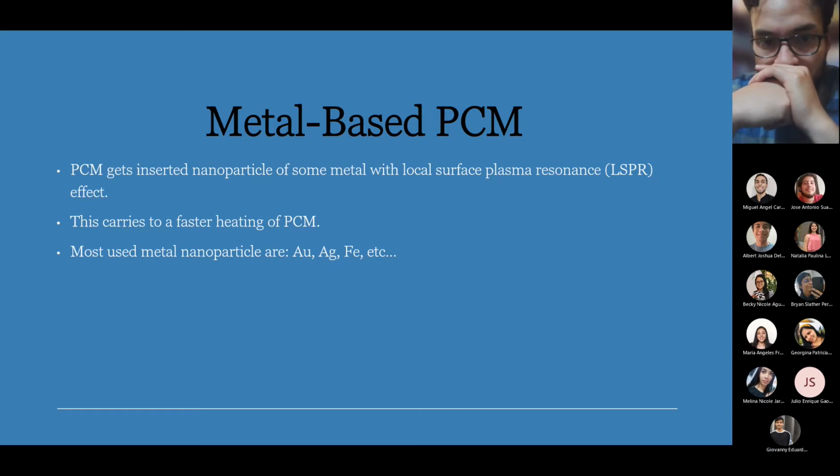So this carries to the electrons radiating the electromagnetic wave, which increases the temperature of the materials.